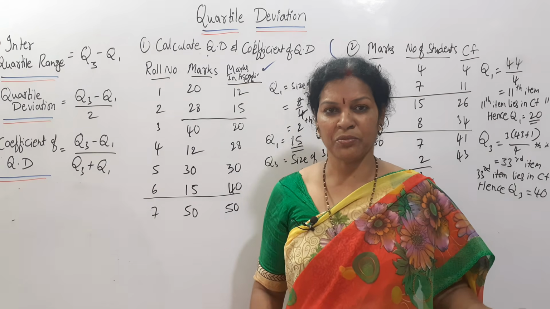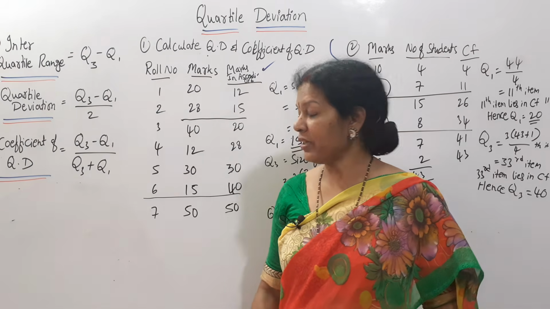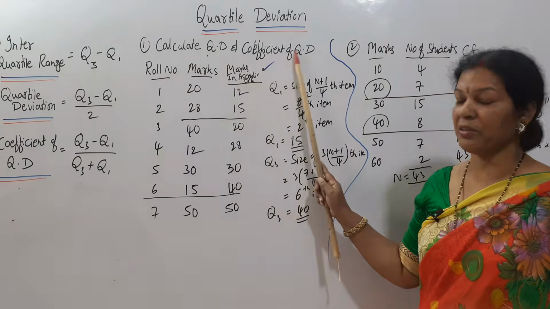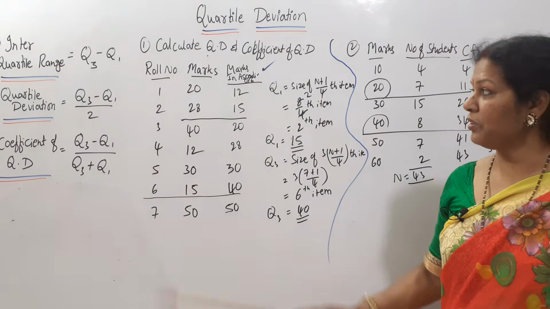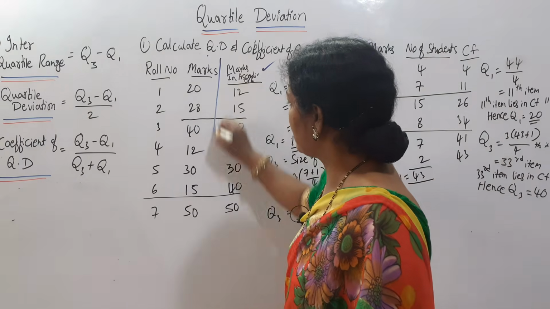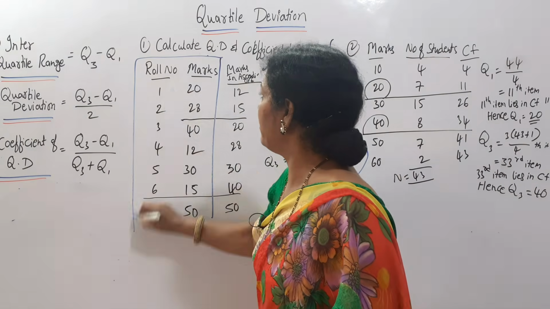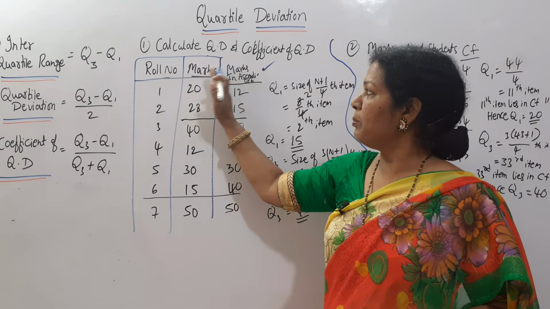Today's class will focus only on individual and discrete series. For the individual series, the problem is given here: calculate quartile deviation and coefficient of quartile deviation. This is roll number and marks.